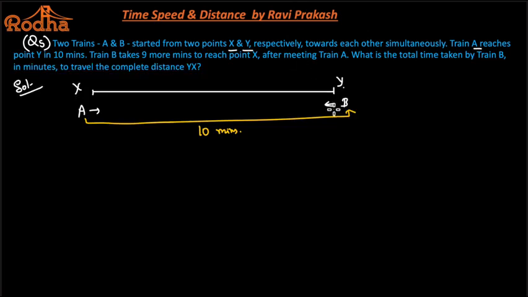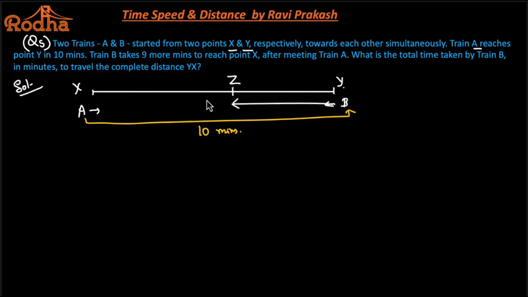So what train B is doing here? So train B started from this point. Okay. And at certain point they met at, let's say Z here, है ना, Z पे मिले ये लोग, right? So obviously A also would have taken some time.